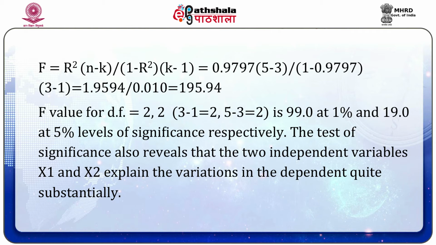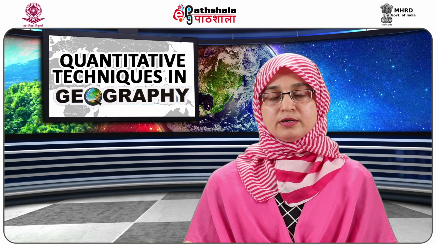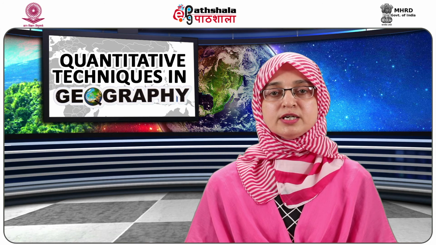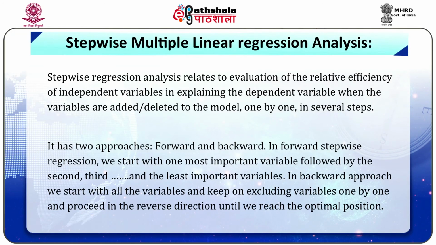F value for df equal to 2, that is 3 minus 1, and 2, that is 5 minus 3, is 99.0 at 1% and 19.0 at 5% levels of significance respectively. The test of significance also reveals that the two independent variables x1 and x2 explain the variations in the dependent variable quite substantially. Now, stepwise multiple linear regression analysis.